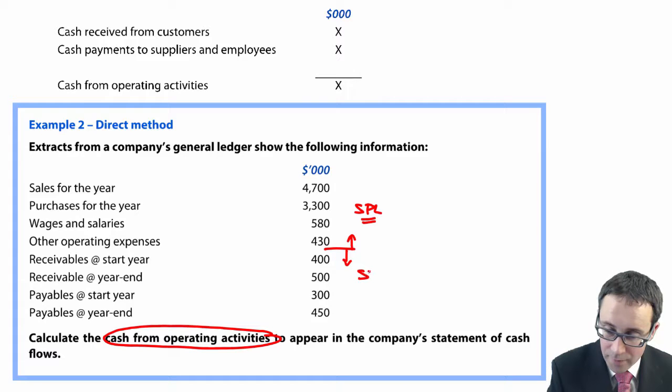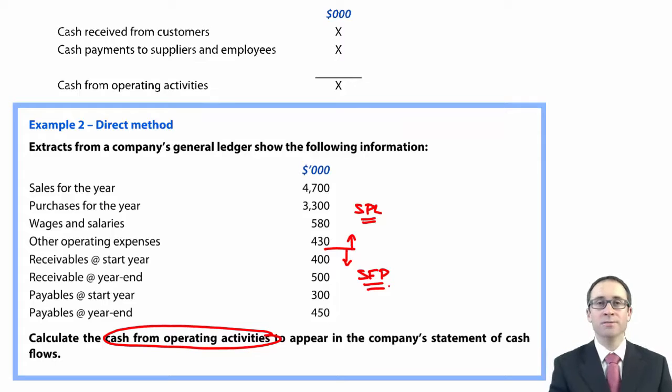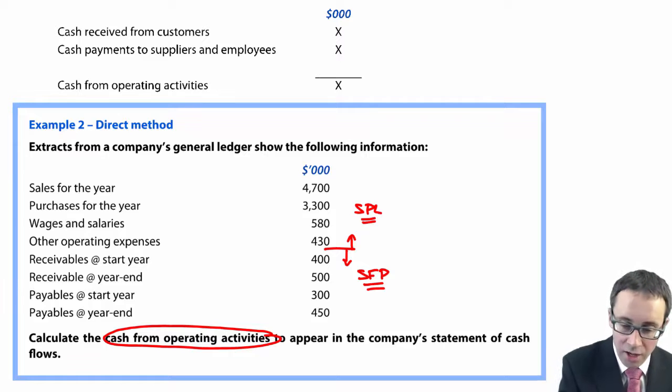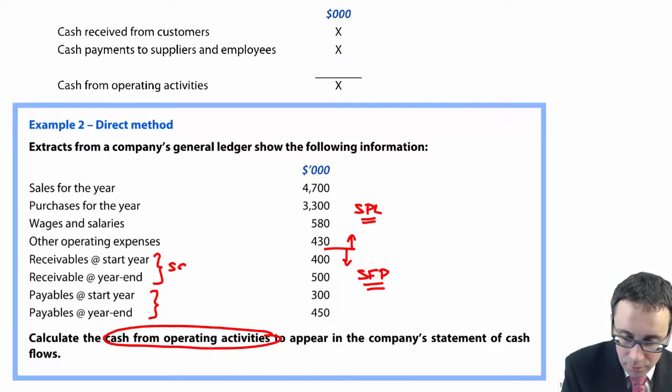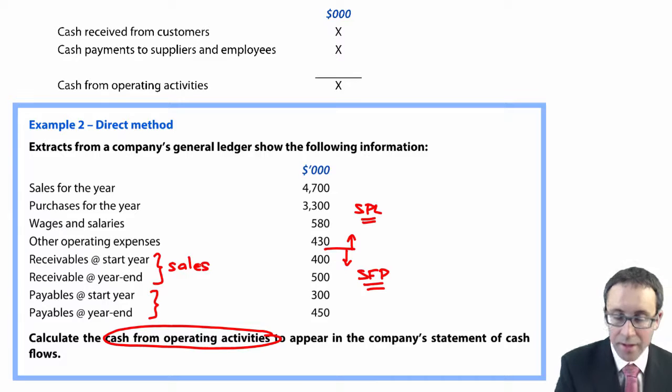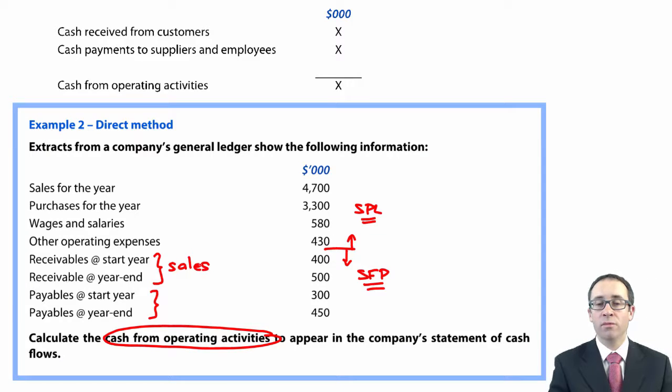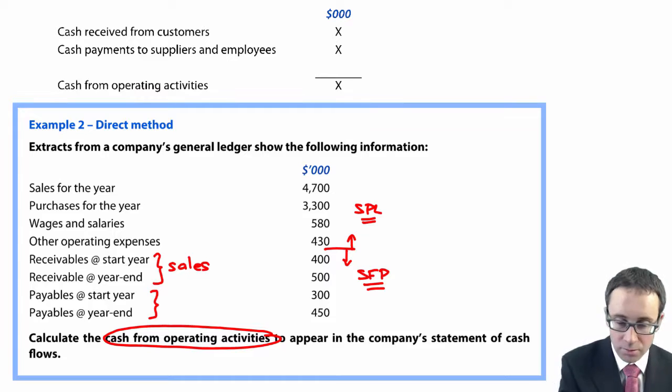Beneath that, you then have the figures from your statement of financial position. You have your opening and closing receivables, and your opening and closing payables. So if we have my receivables at the start and at the end of the year, and your payables at the start and at the end of the year, your receivables can be linked into your sales to work out the cash you've received from your credit customers.